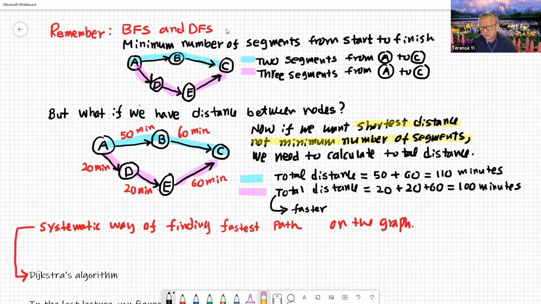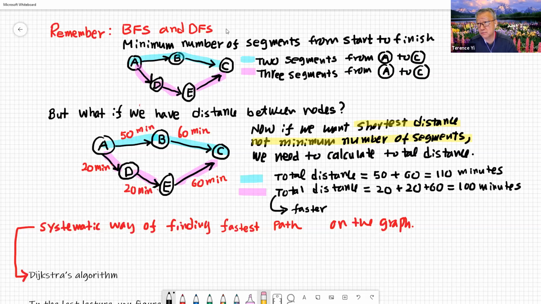Obviously, you're going to take the blue path because it only has two segments compared to the three segments of the purple path at the bottom. So that's the basic idea of breadth first and depth first.